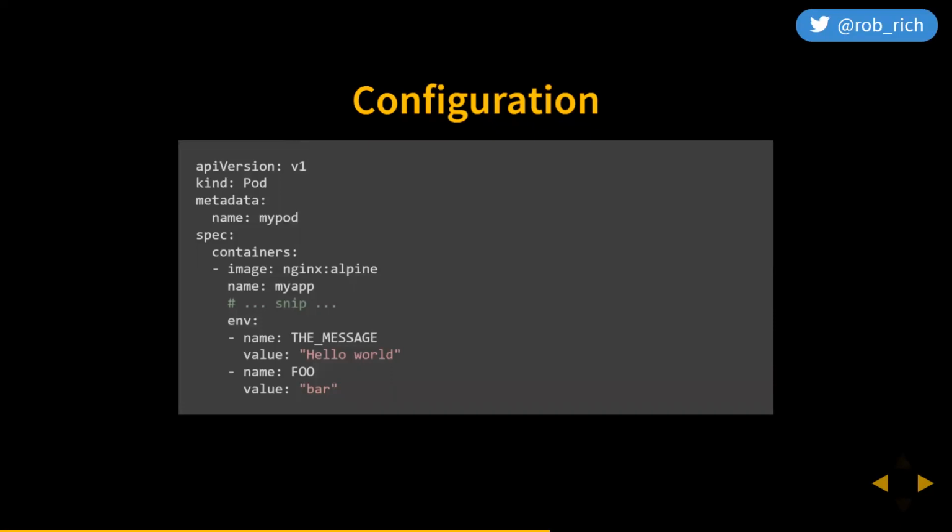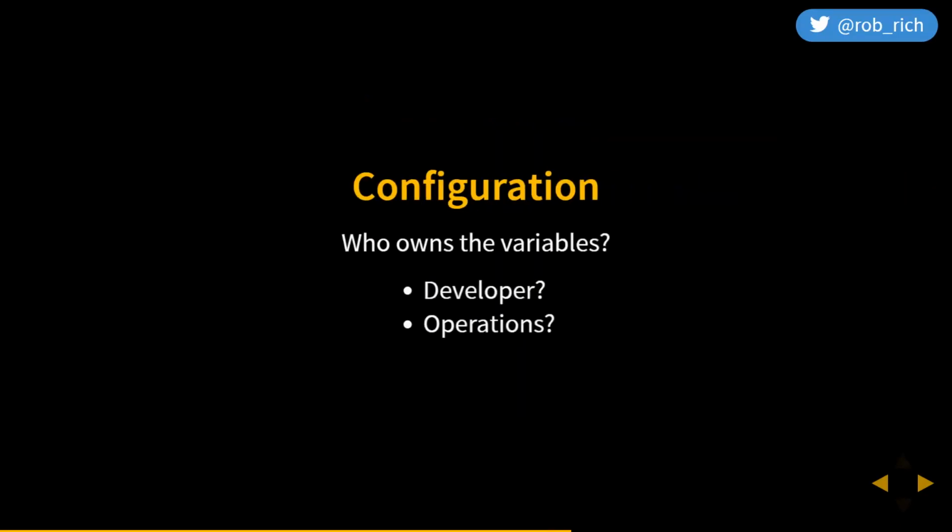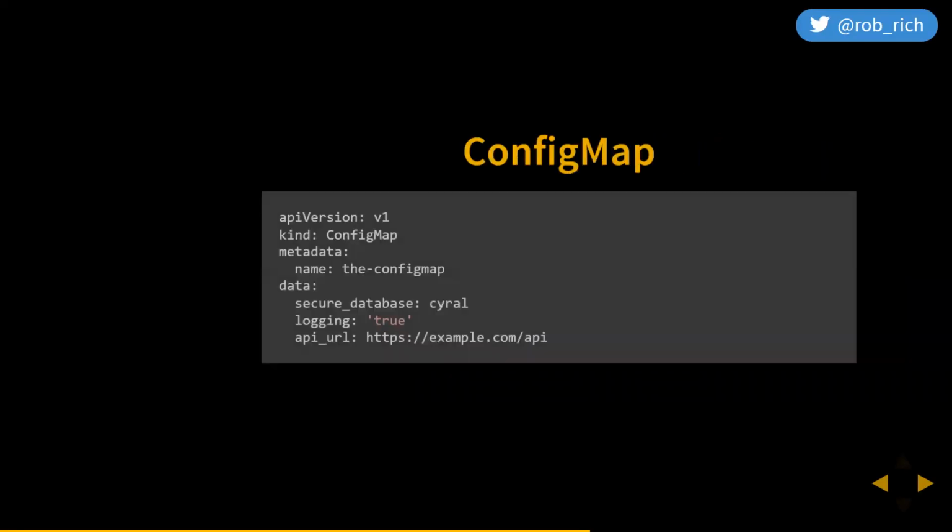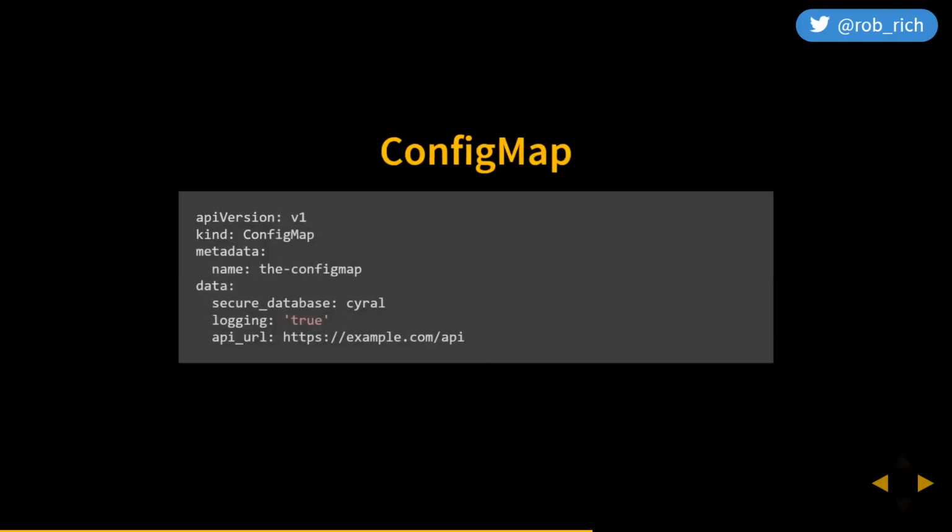Now that's great. We've been able to set some configuration that our application can use, but again, who owns this file? Now, if we have a small business where we're all wearing multiple hats, maybe we don't need this separation, and that pod definition we just built is completely fine. But maybe we do have a separation between developers and operations, and we need different teams to own different pieces. So should we argue about the web config file? No, we can create a config map. Now, the cool part about a config map is this is just a dictionary of keys and values that identify the various details for this configuration.